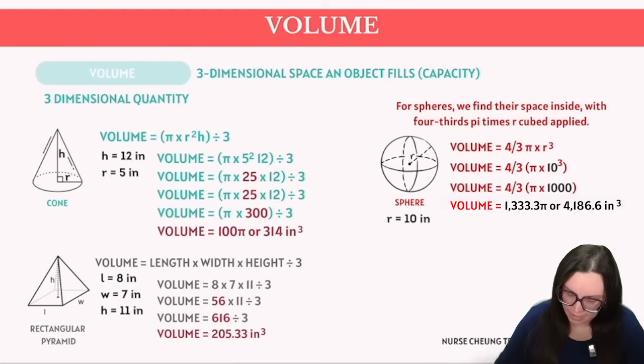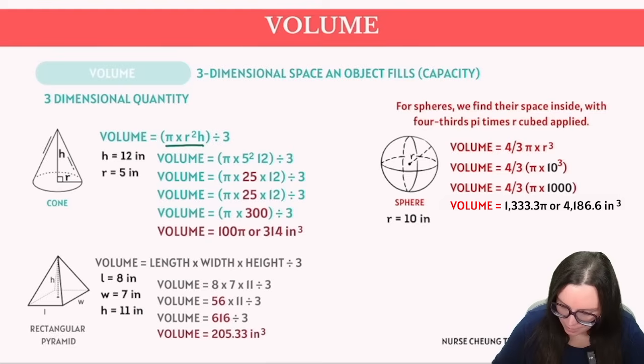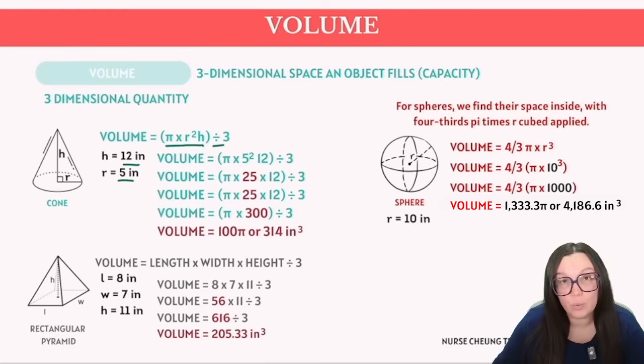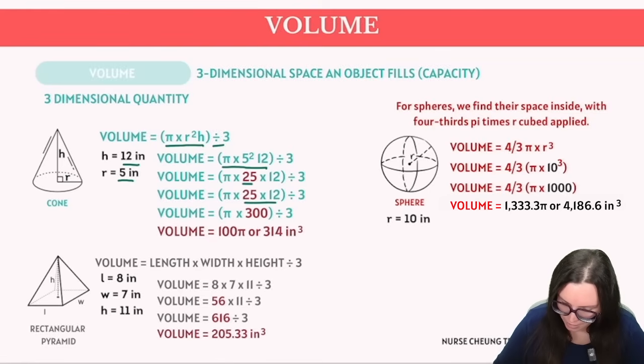So taking a look at our example, we have volume is equal to pi times r squared times height divided by 3. So we know that our radius is 5 and our height is 12, so we're just going to plug in our numbers. So this is going to give us pi times 5 squared times 12 divided by 3. 5 squared is equal to 25, and we're going to multiply 25 by 12 times pi, and that is going to give us 300 pi.